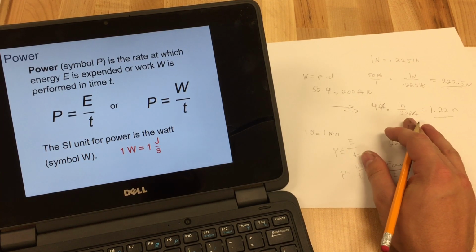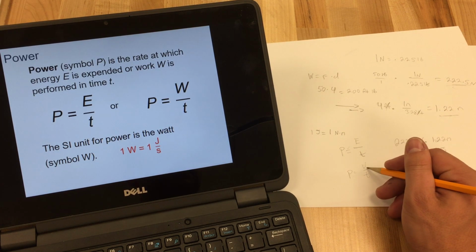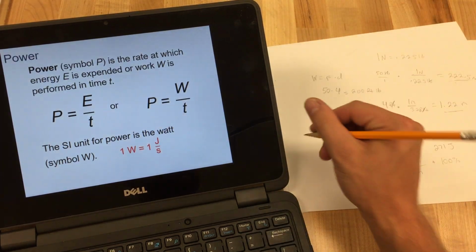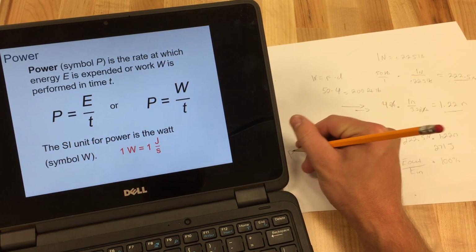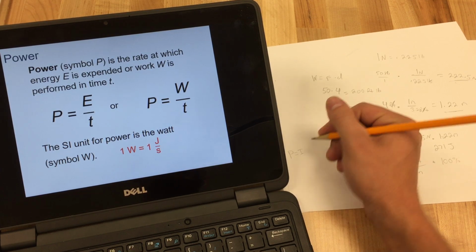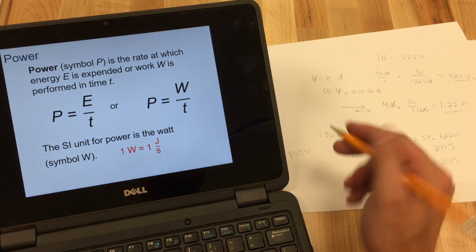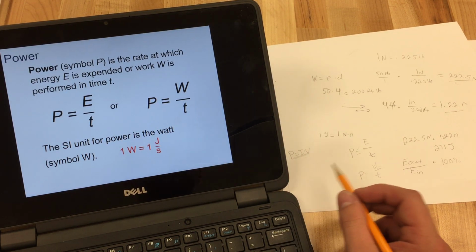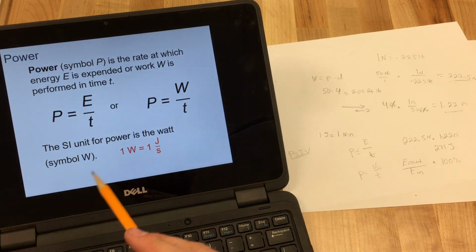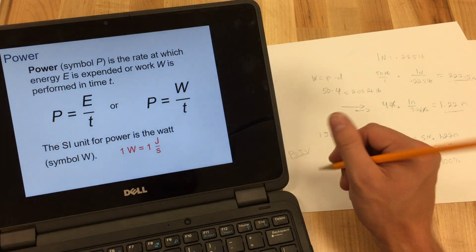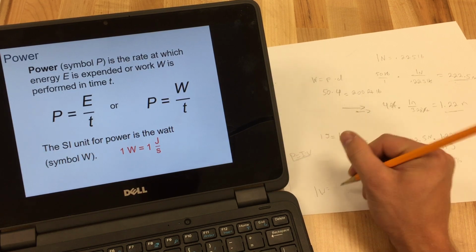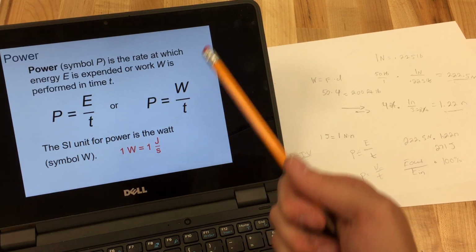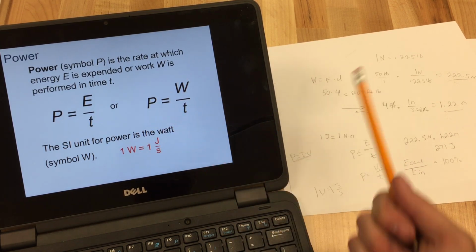If we go back to our electrical PowerPoint from last lesson, it was power equals I times V, so you might end up using that later on. The metric unit for power is the watt, and 1 watt equals 1 joule per second. Don't get watt confused with work. It just depends on where we're at.